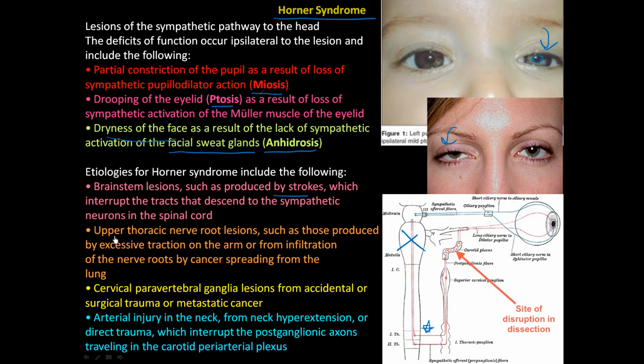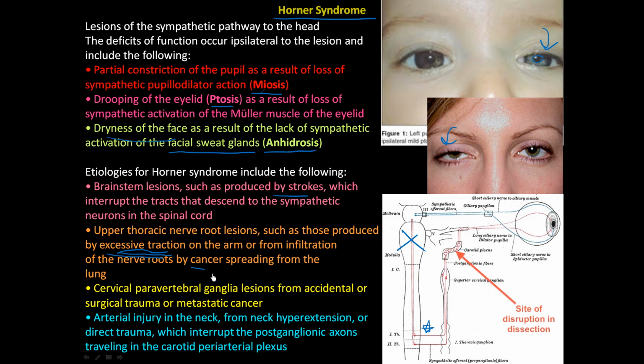Or you can have an upper thoracic nerve root lesion, such as those produced by extensive traction. If you yank on a kid's arm, or somebody's arm gets severely tractioned, you can have upper thoracic nerve root lesions. Or you can have cancer in the lungs that spreads to the nerve roots.